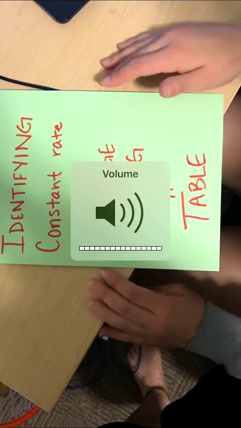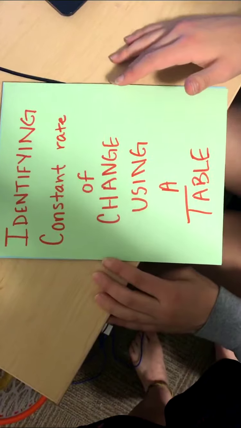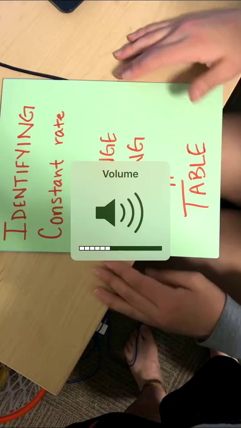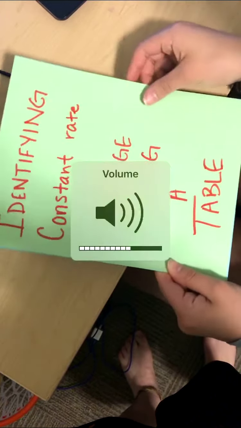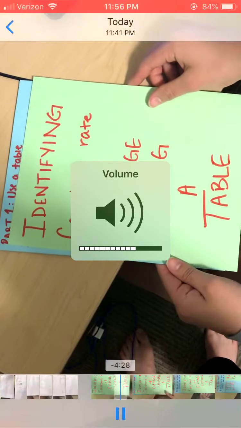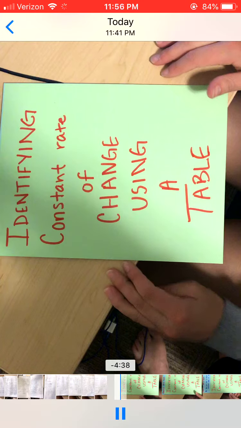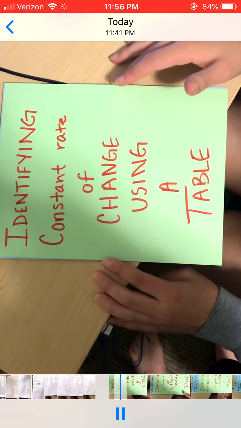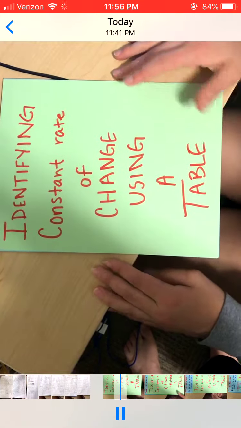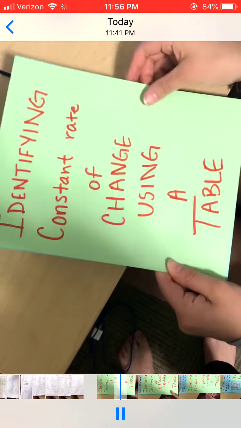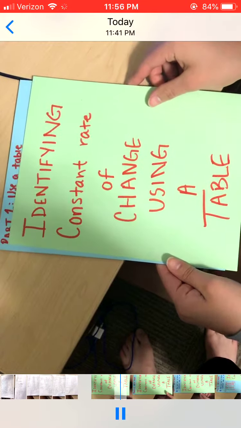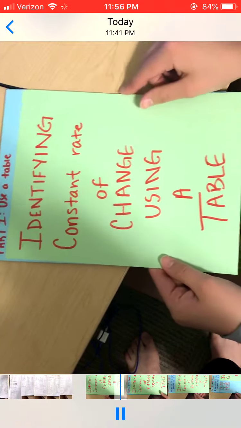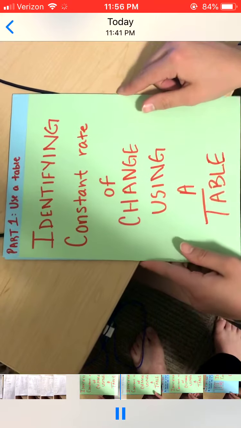Hello, this is a lesson on identifying constant rate of change using a table. So today we will be using a few examples and a few key terms to remember by the end of this lesson.